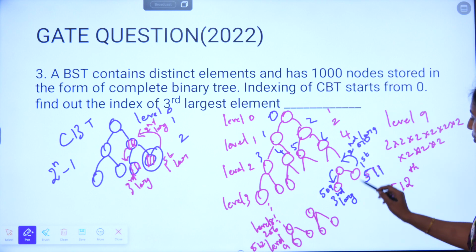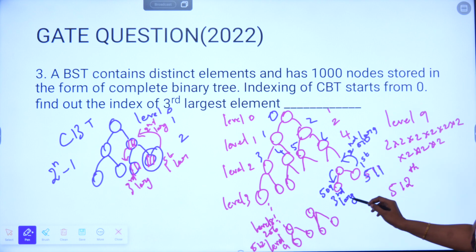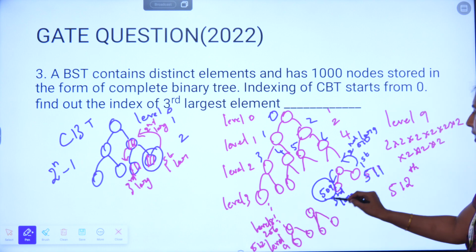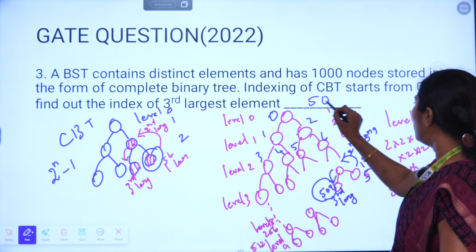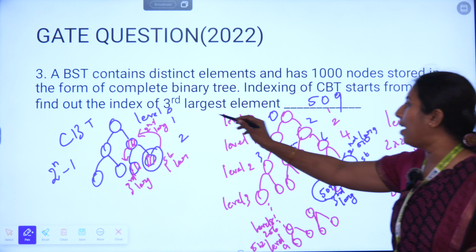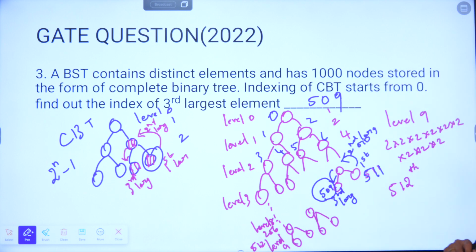So we now found out that the third largest element will be in level 8 at the index of 509. So the answer for this question is that at the 509th index position we will be having the third largest element.